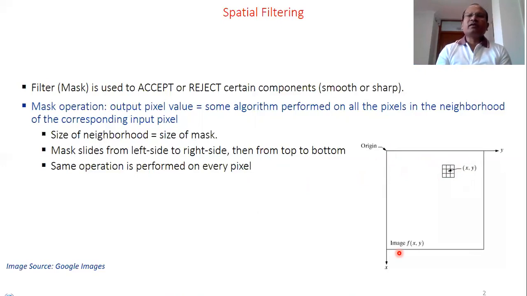That is how it works. The same operation is performed on every pixel. If a mask is chosen, the same mask will operate over each and every pixel in the area we are interested to change or filter. In that area, in each pixel, the same masking operation will be performed.